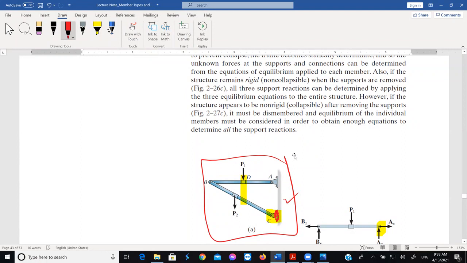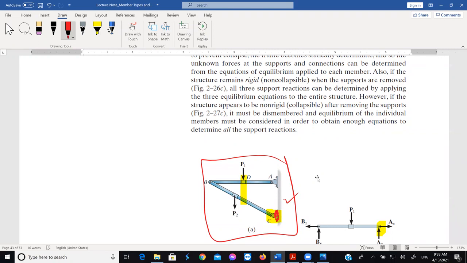If we have more frames, and a high degree of indeterminacy, that means there are more reactions than is required for equilibrium, then we have some redundancy in our structure. That means if one component of a structure fails, the others can come in and take those forces, and the structure will not collapse.